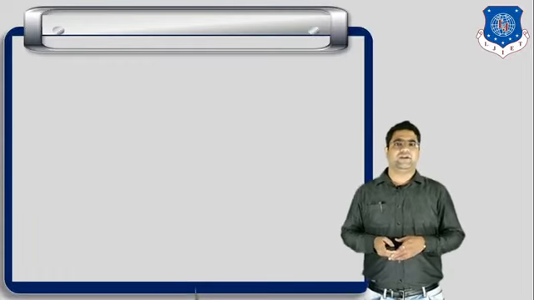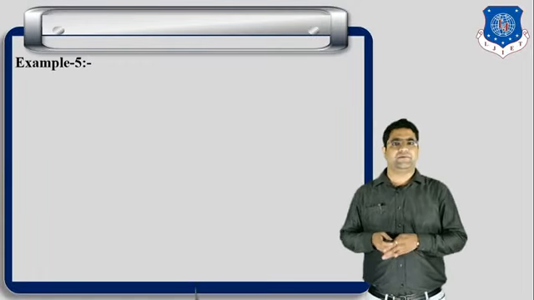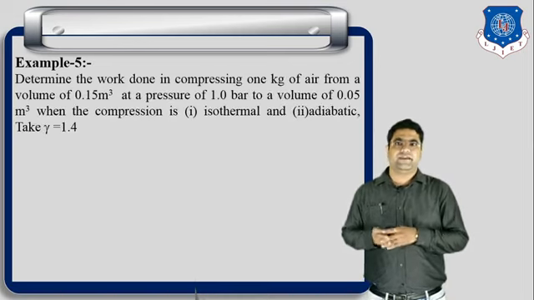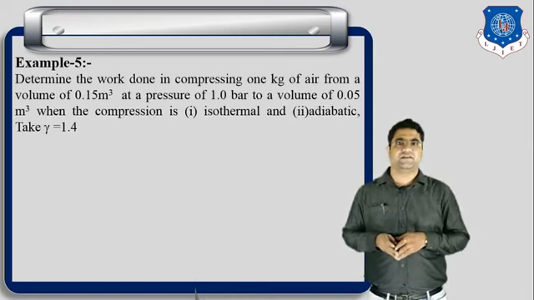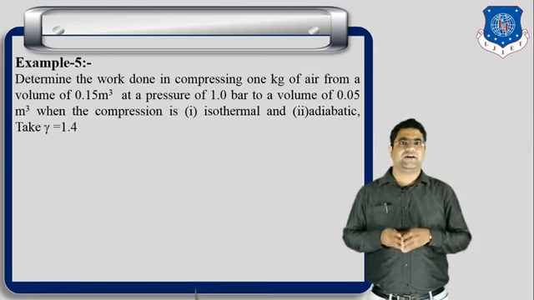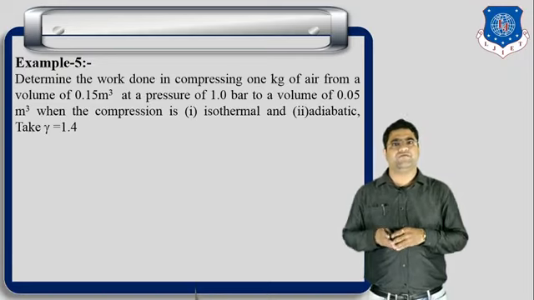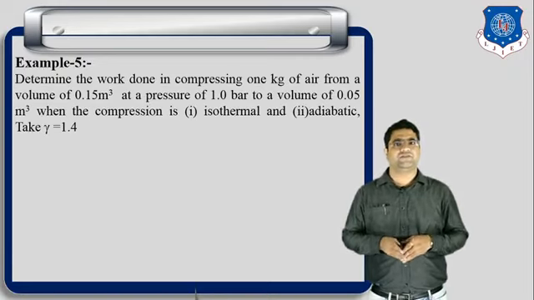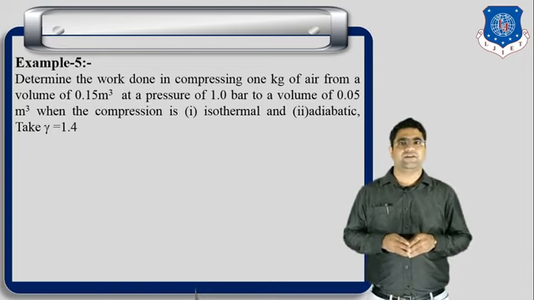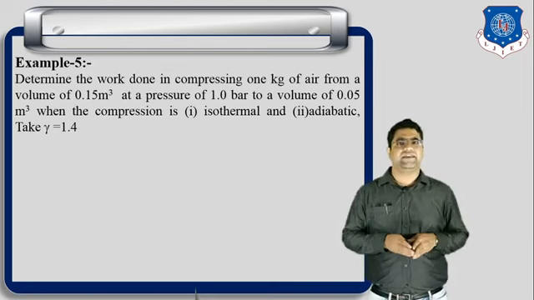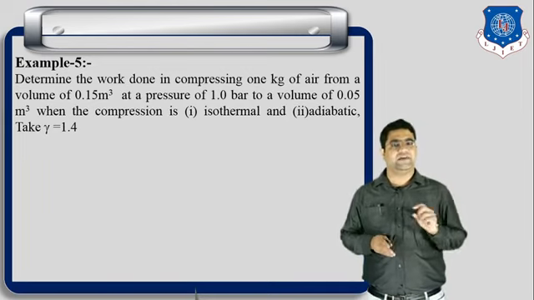Now we are going to calculate our next numerical, example number 5. Determine the work done in compressing 1 kilogram of air from an initial volume of 0.15 meter cube and pressure of 1 bar to a volume of 0.05 meter cube when the compression is isothermal, and second, when the compression is adiabatic.